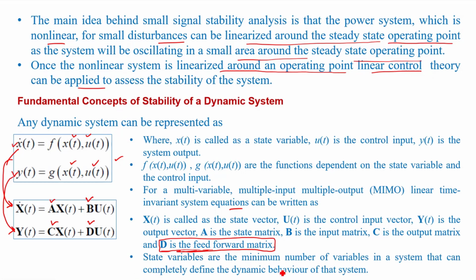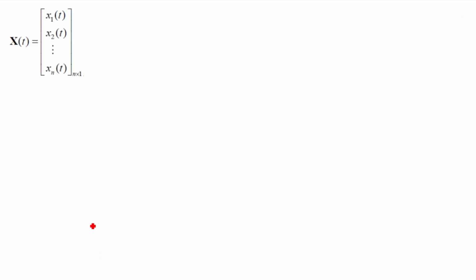State variables are the minimum number of variables in a system that can completely define the dynamic behavior of that system. So this is your state space representation of the dynamic system. If we write this equation in expanded form, x(t) is, if we have n state variables, x1, x2 up to xn.